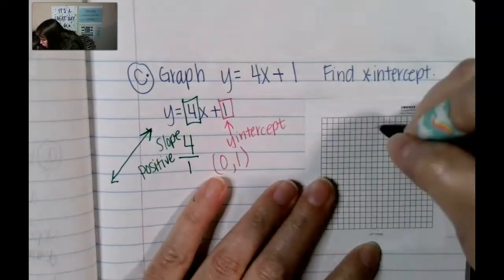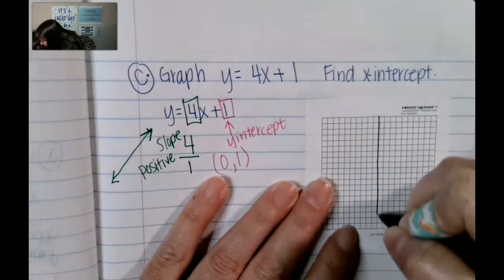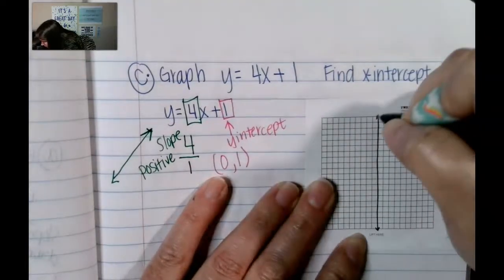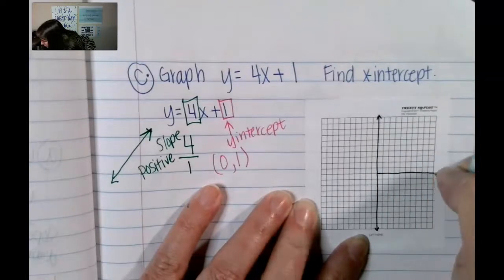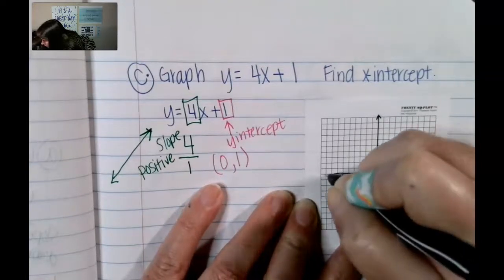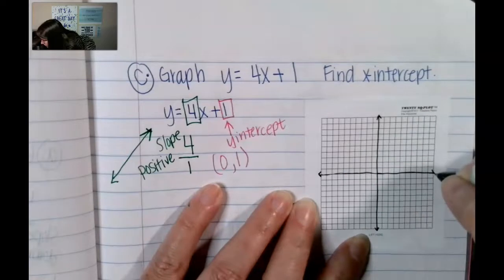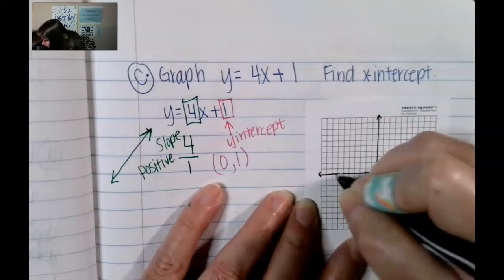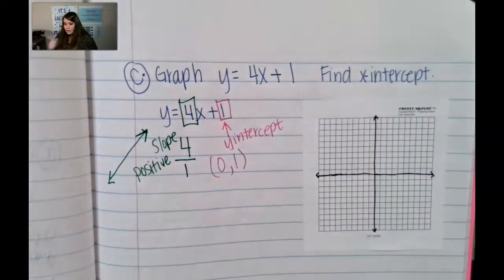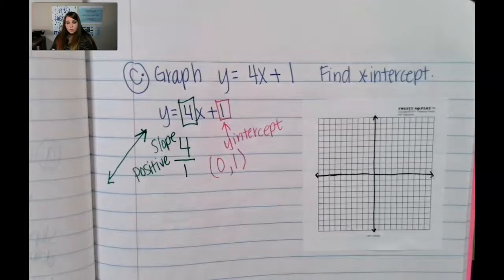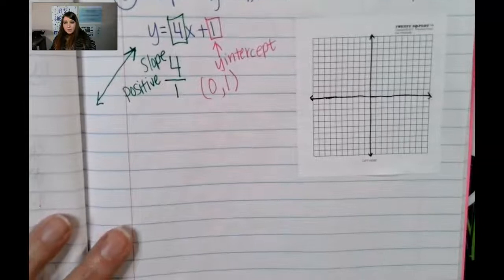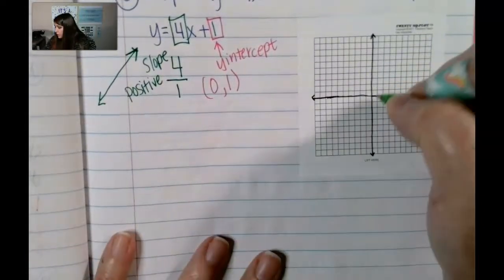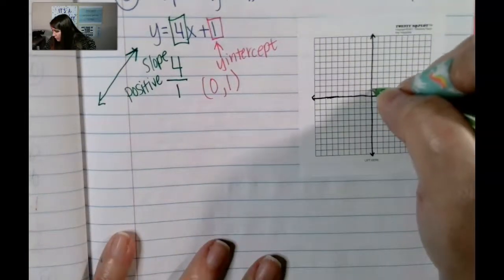First step is to draw my axes because I don't have them, you do on yours. Okay, now I'm going to start by graphing the ordered pair. My first ordered pair is 0, 1. So I'm going to go nowhere and go up 1.